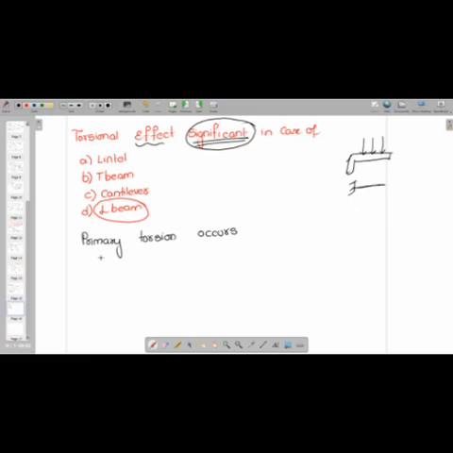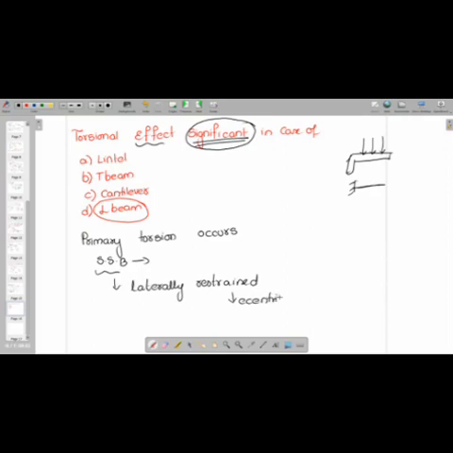It occurs in a simply supported beam, but laterally restrained. What do you mean by restrained? Can anyone tell me? Laterally restrained, subjected to eccentric loading.